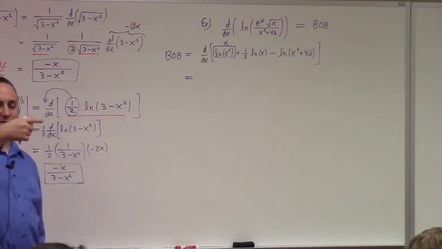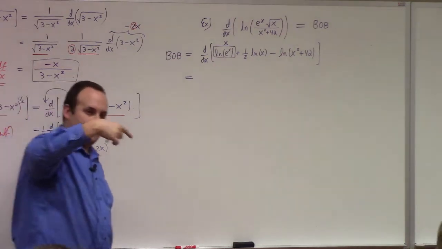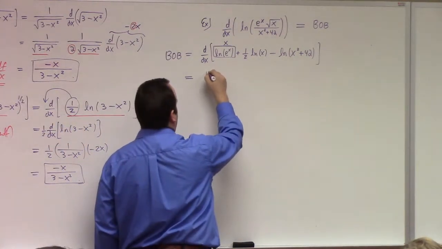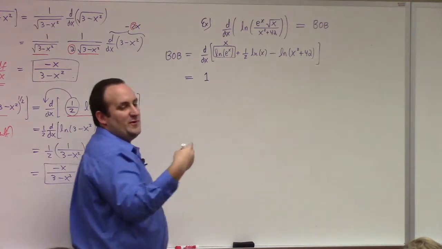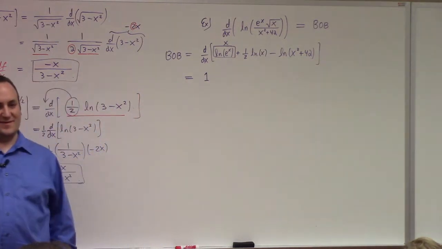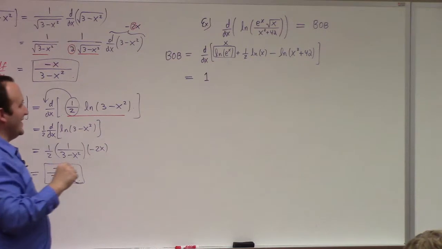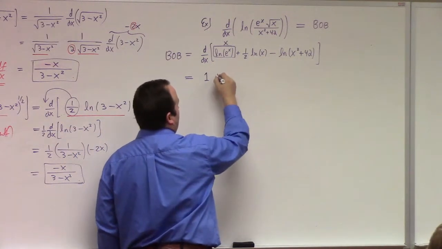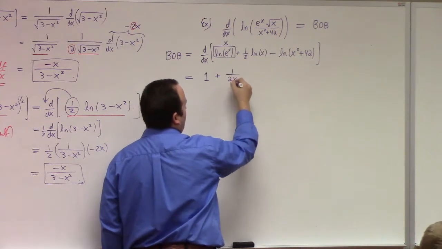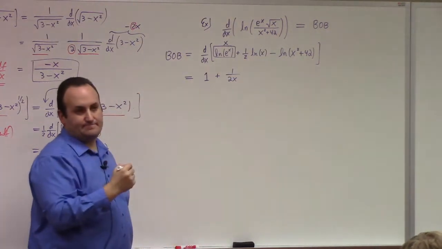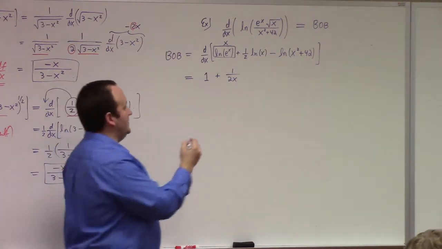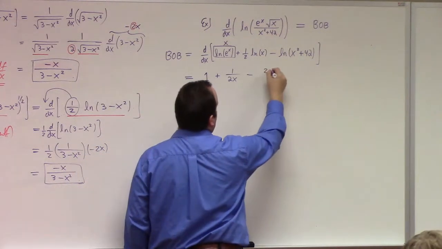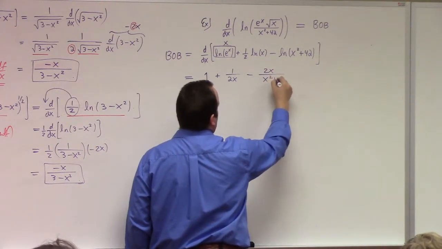Now, when I differentiate that, that gives me 1. So when you told me 1, you might have been right. It depends on what you're thinking about. And then what's the derivative of 1/2 natural log of x? That's just 1 over 2x, right? And then we get minus 2x over x squared plus 42.